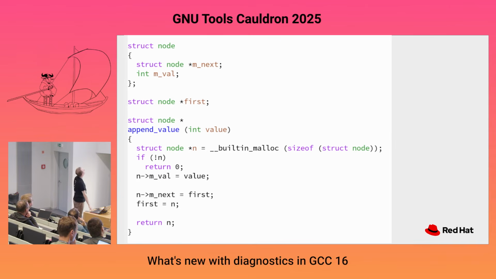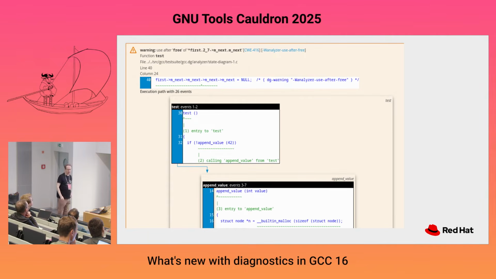And there's the implementation. It's a trivial singly linked list. And so with the text UI, it would print this ASCII art interprocedural control flow.